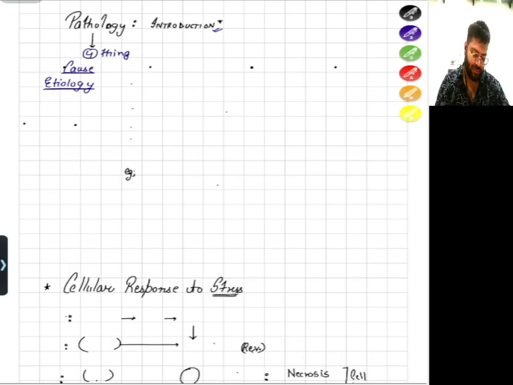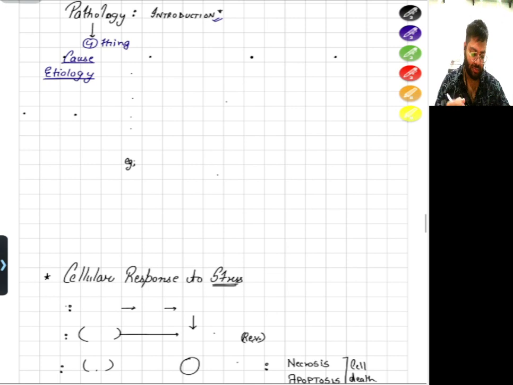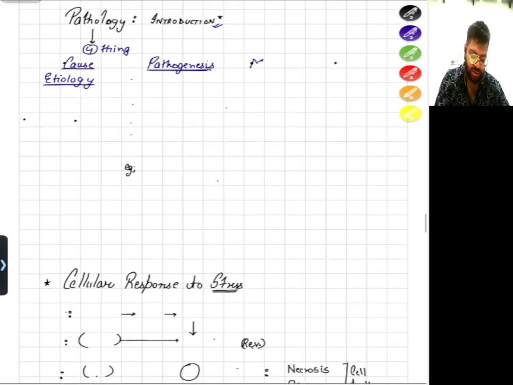The next thing we are concerned about is pathogenesis. Pathogenesis: how the disease occurs. All the molecular and physiological parameters, how the disease will occur inside the body. The third is morphological changes.